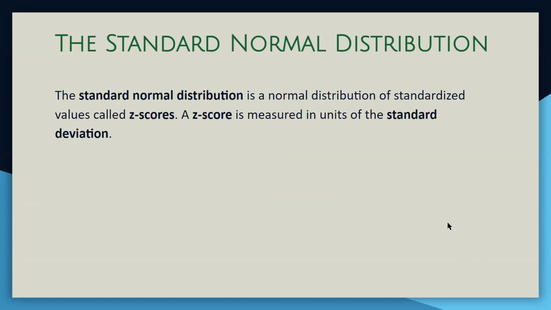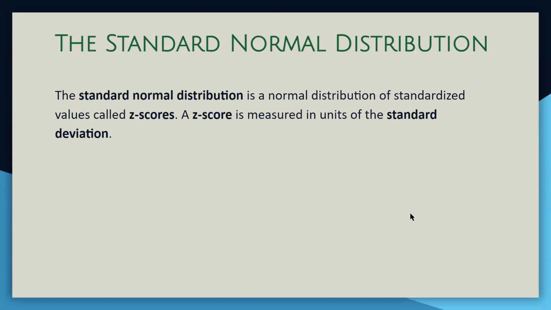So the standard normal distribution is a normal distribution of standardized values called z-scores. We've talked about z-scores before. A z-score is measured in units of the standard deviation. So mathematicians started using the standard normal distribution because it was easier to convert a bunch of different x values into z-scores and then use the same normal curve for everything than it was to recalculate everything by hand for each unique normal curve.